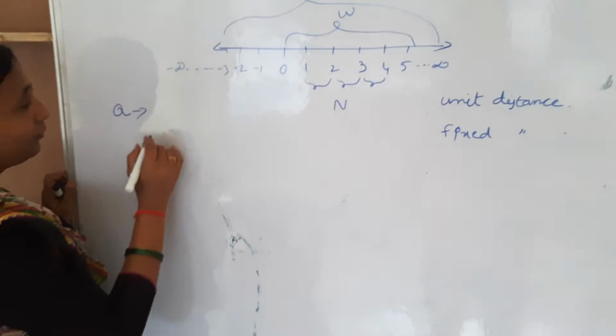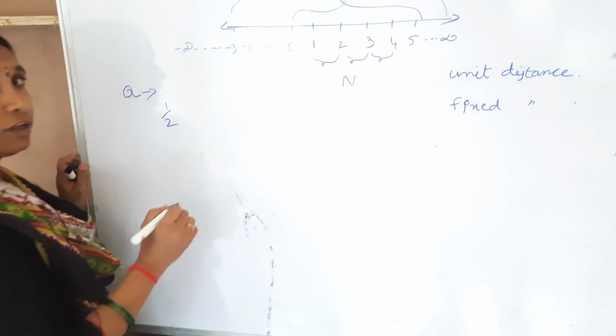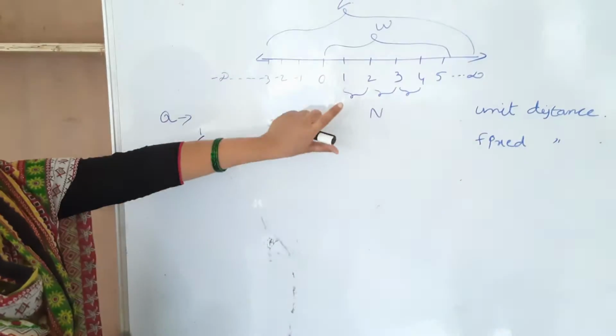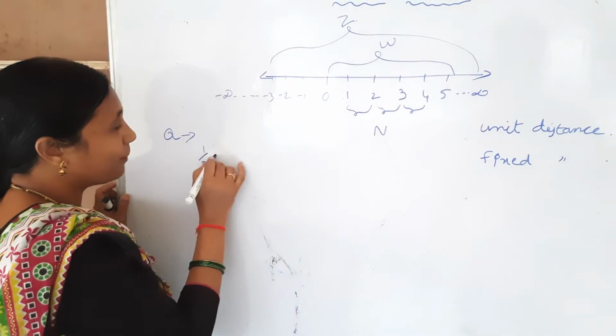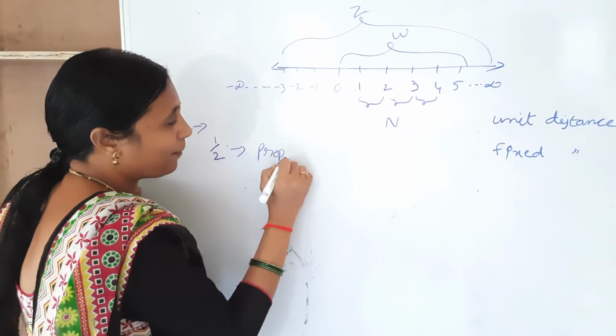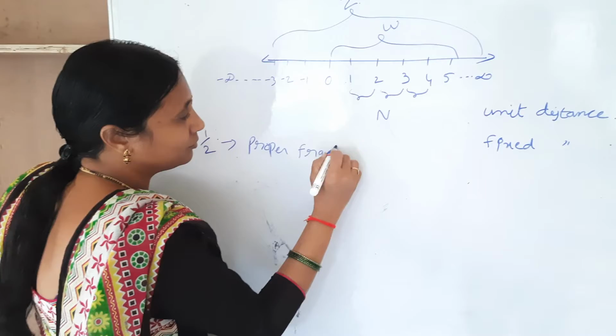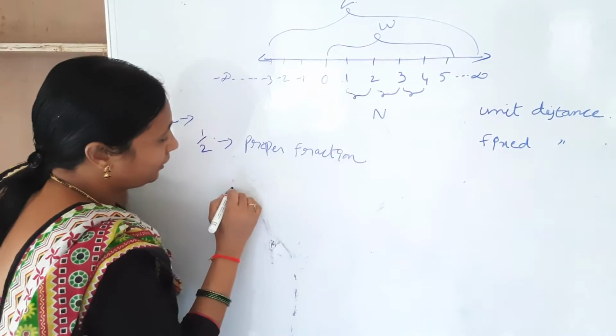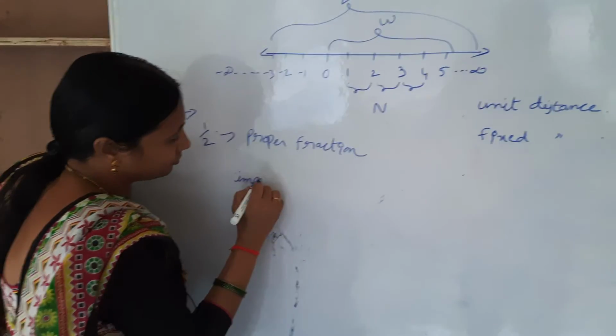Next, I am taking how we can represent the rational numbers Q on the number line. Suppose I am taking 1 by 2. How can we represent 1 by 2 on the number line? Before that, I am telling about the fractions, proper fraction and improper fraction.